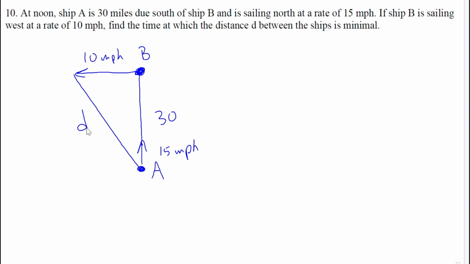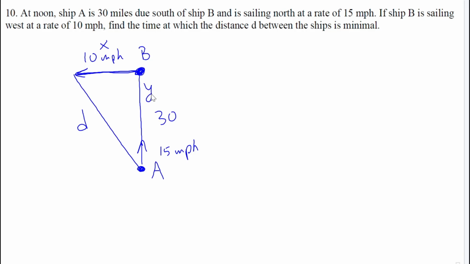So we need a function that represents this length right here, which I'll call x. And I need something to represent this distance, which is changing, right? It's not 30 anymore, right? It's y. So we need something to represent that distance here, which we'll call y.